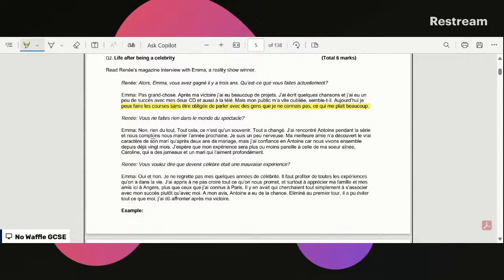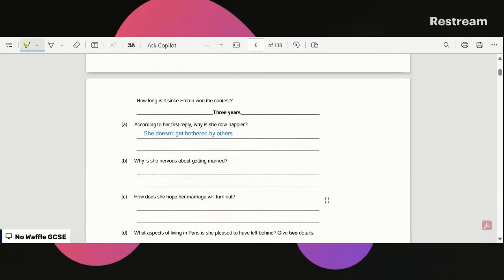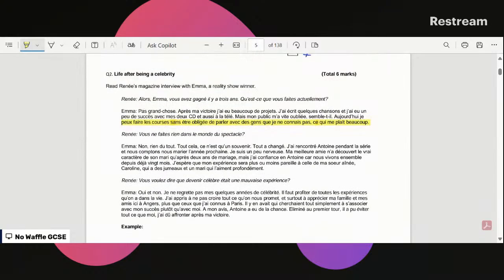So, nous comptons, which means we count, nous marier l'année prochaine. So the key word here is l'année prochaine, which means next year. So what even was the question? I've forgotten. The question was, why is she nervous about getting married?